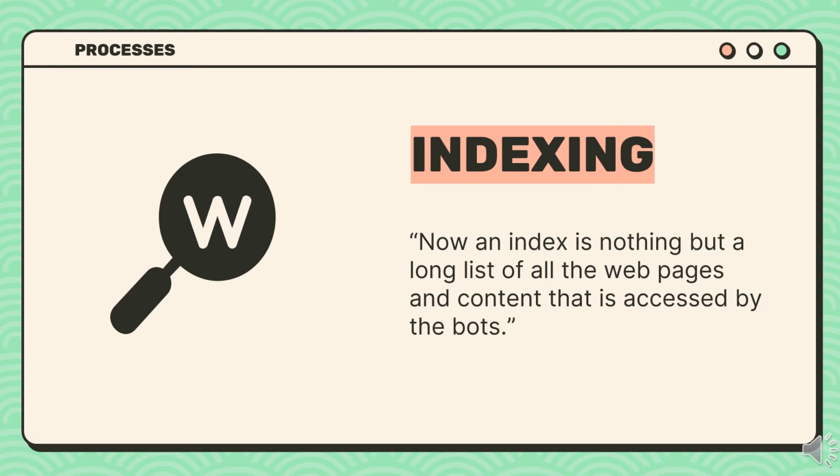So the question then arises: does everything that the bot finds online get indexed? No, not really. For the simple reason that there may be multiple pages that show the same or similar content, and hence it doesn't make sense to show all of them.